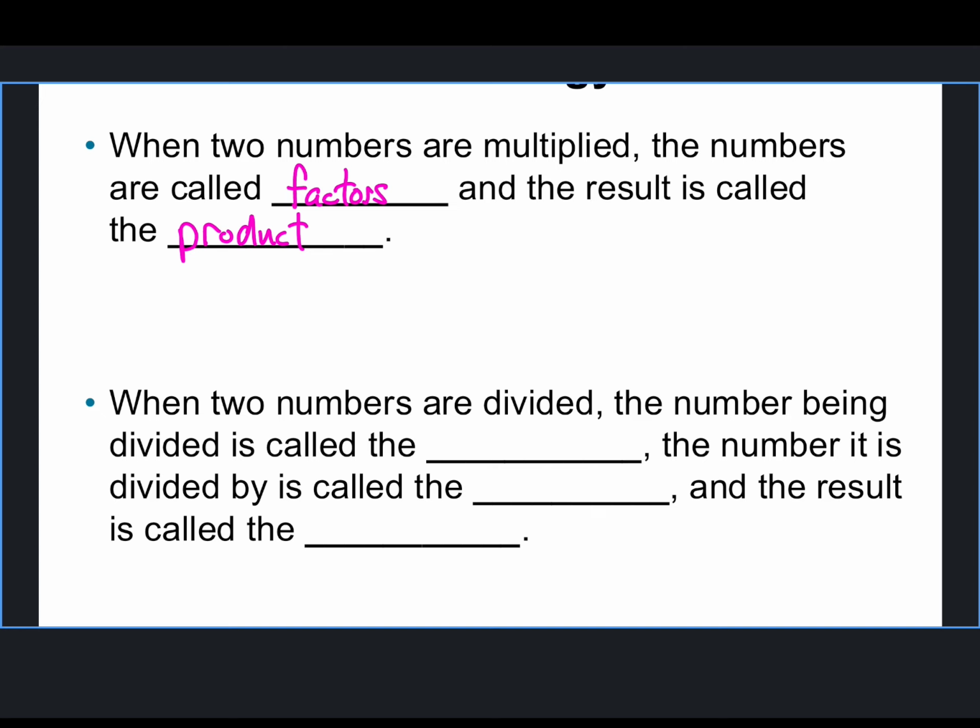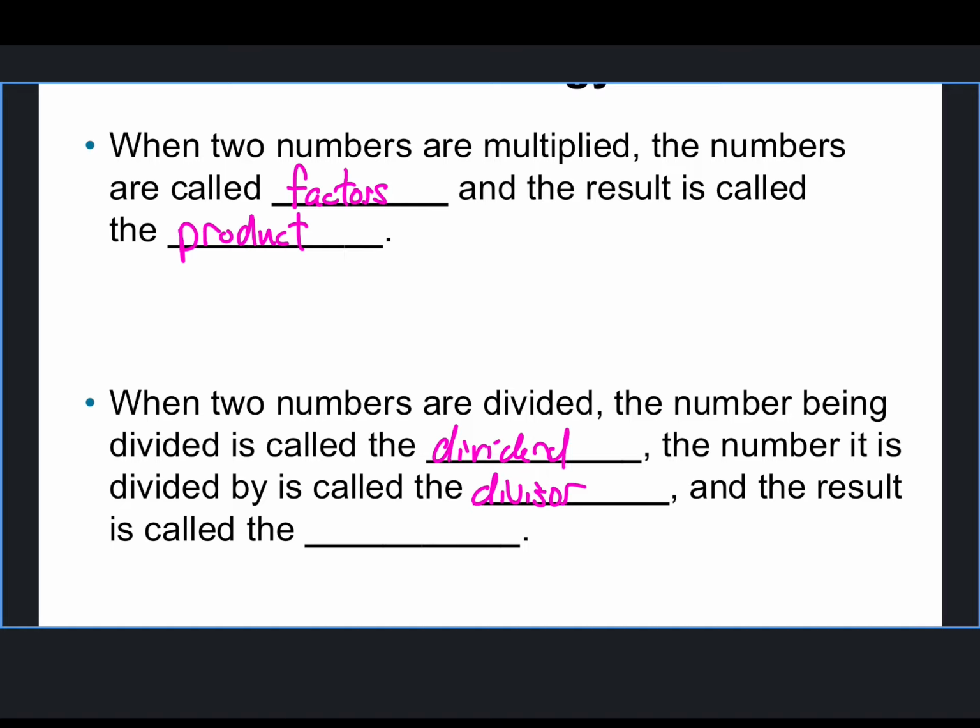So when two numbers are divided, the number being divided is called the dividend. The number it is being divided by is called the divisor.